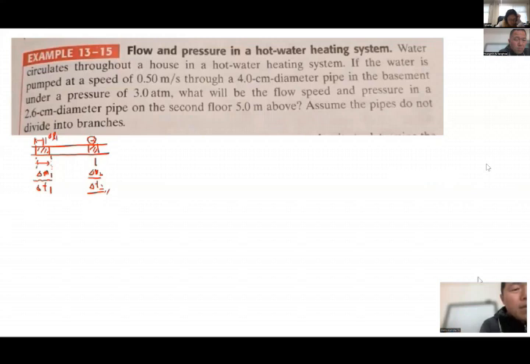delta L1 over time delta T1, and if the fluid moves delta L2 over time delta T2, then the mass should be rho times V1, which is rho times delta L1 times the cross area A1.